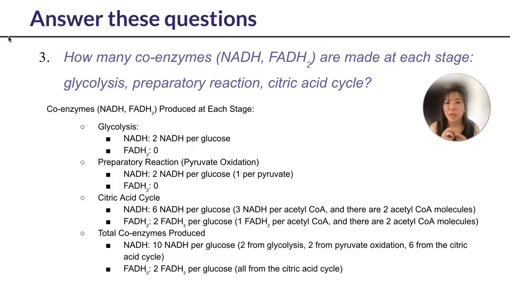For each acetyl-CoA, when we undergo it 1 time, we produce 3 NADH. Do it twice, and we have 6 NADH. We produce 1 FADH2 per acetyl-CoA. We undergo this twice, so the result is 2 FADH2. So the total number of electron carriers that we produce through these 3 phases is 10 NADH per glucose molecule and 2 FADH2 per glucose molecule.